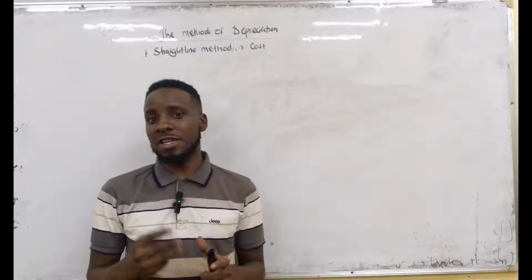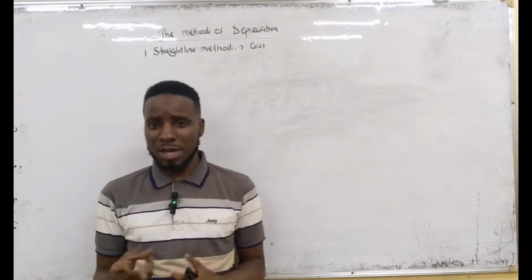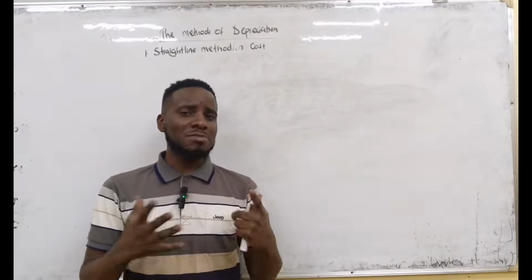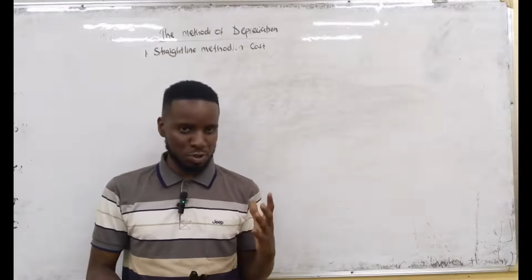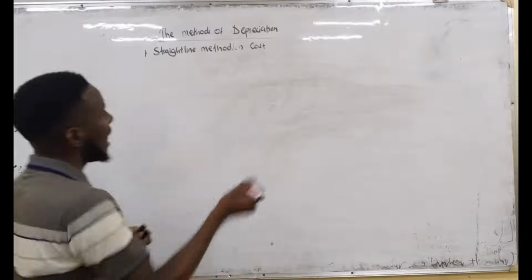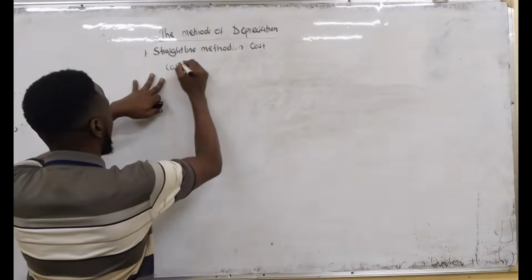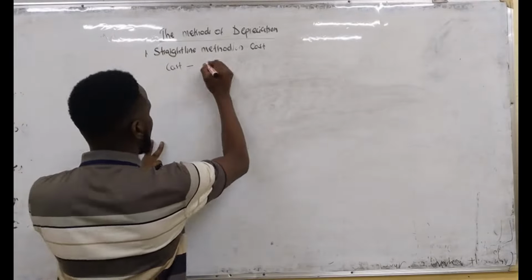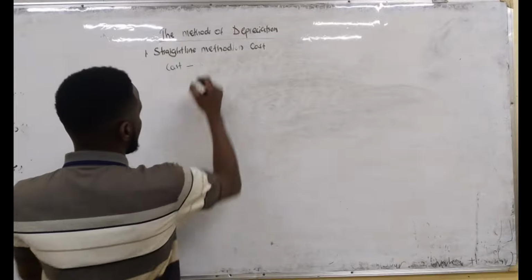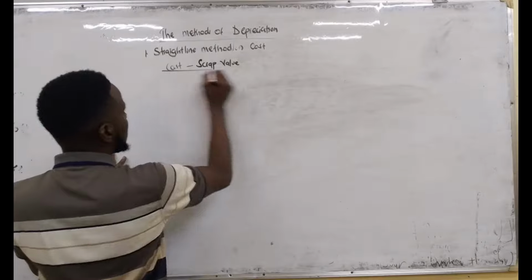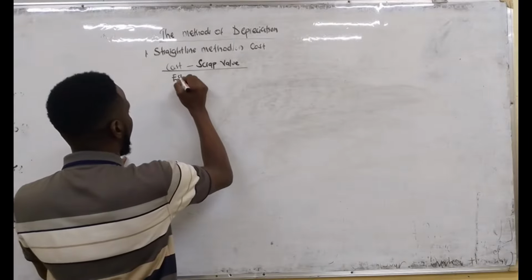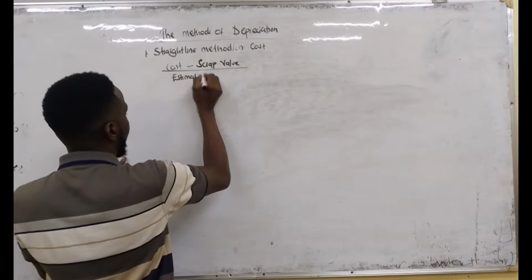That means if the depreciation charge is 2,000 in the first year, it will be 2,000 every year until the asset is disposed of. The formula is cost minus scrap value, then you divide by the estimated useful life.